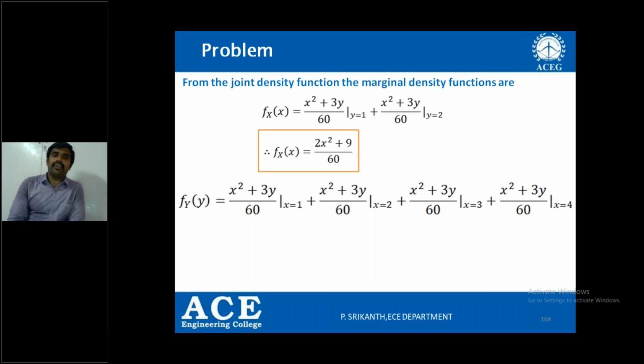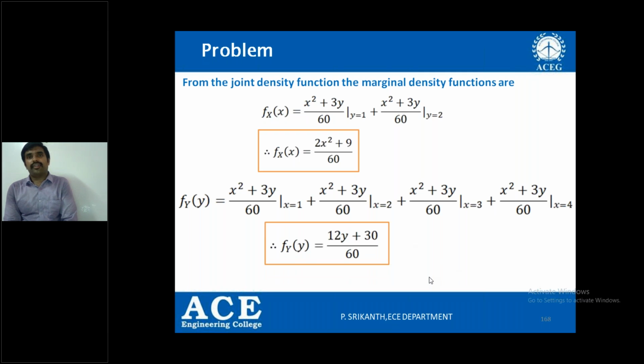Similarly, how do you find fy of y? Since x has the values 1, 2, 3, 4, to find the marginal function I need to eliminate x. To eliminate x, I am substituting the values of x: the function at x equal to 1, plus the function at x equal to 2, plus at x equal to 3, plus at x equal to 4.